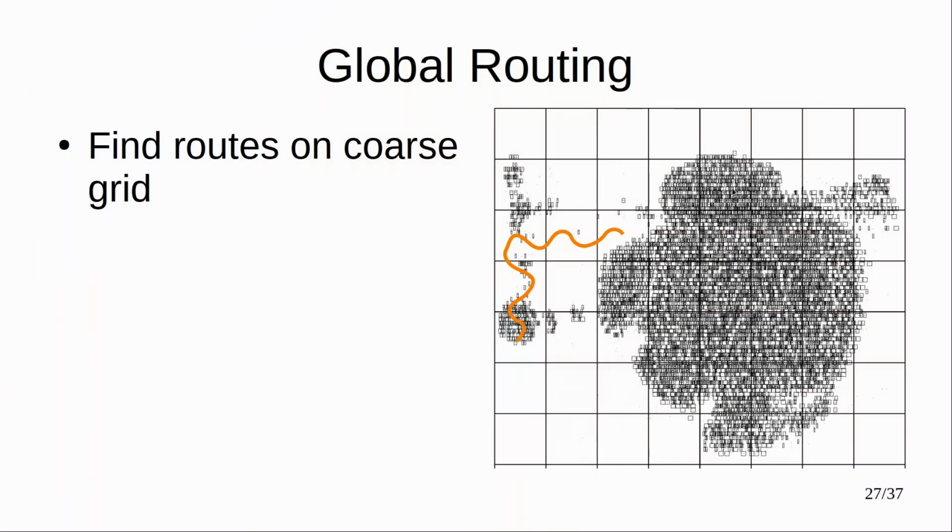Now let's look at global routing. So you start with a circuit which is placed on the chip. You know the positions of the cells. You want to find approximate routes. And a good approach is to slice this area into tiles. And now you say that you basically try to find routes that cover the whole tile.